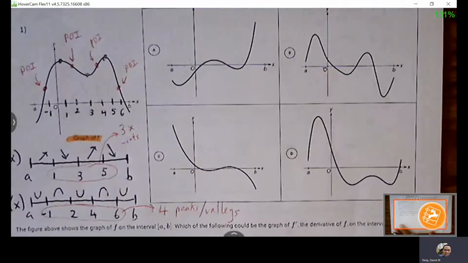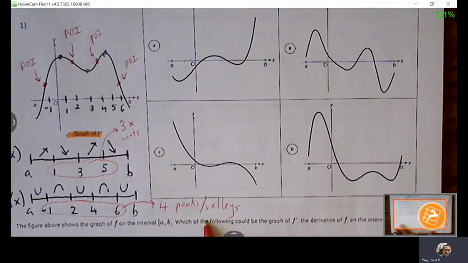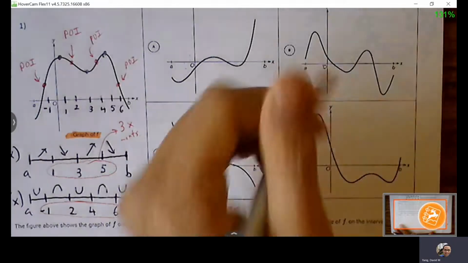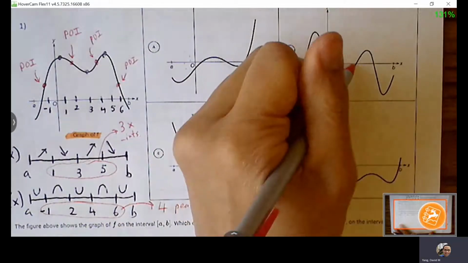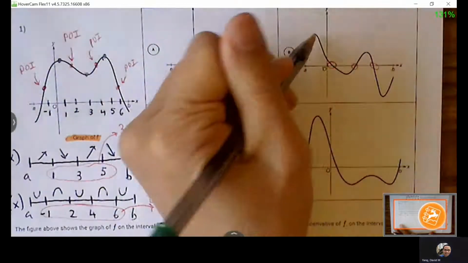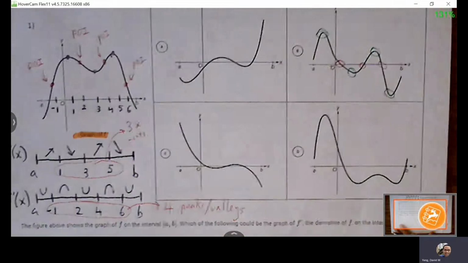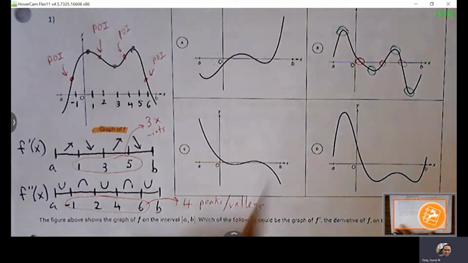So which one is the only derivative graph that shows 3 x-intercepts and 4 peaks and valleys? A, B, C, or D? B, right? You see B has 3 x-intercepts and 4 peaks and valleys. So answer choice B.